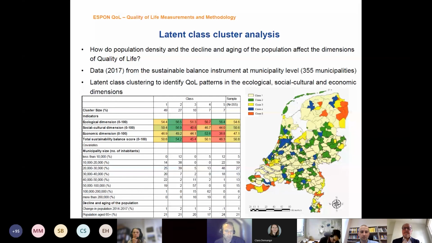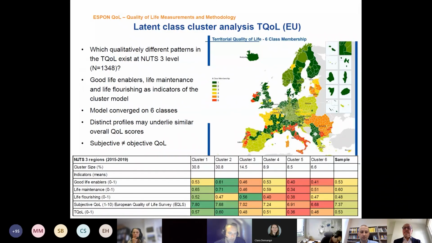So we also applied this clustering methodology to the NUTS 3 level at European level. And there also you can see distinct clusters, distinct profiles that reflect different quality of life.